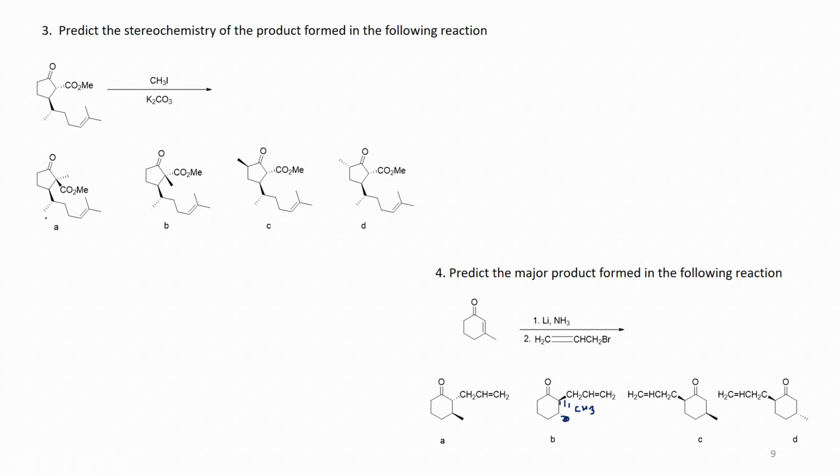Okay, let's start. So here we have to predict the stereochemistry of the product formed in the following reaction. Now, as the base is given, we know which proton is more acidic, this one or this one.